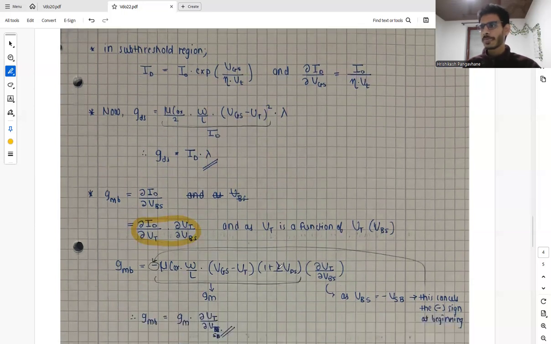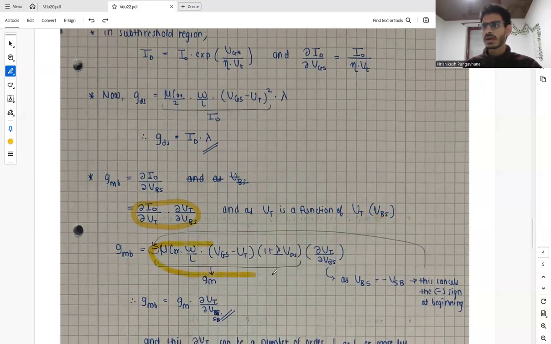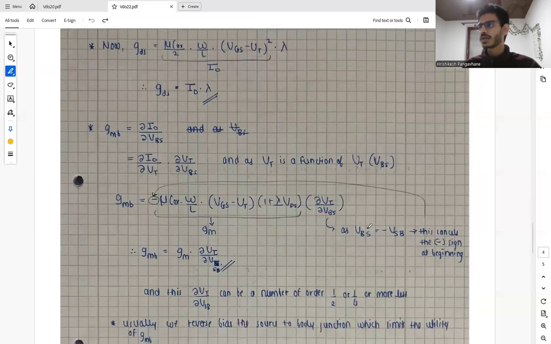And as we know that VT is a function of VBS, gmb can be given by this equation, where this corresponds to gm, and we have ∂VT/∂VBS, and as VBS equals minus VSB, this cancels the negative sign at the beginning.